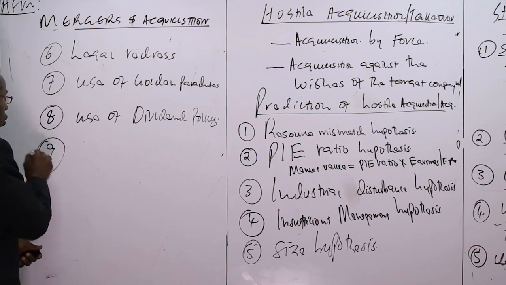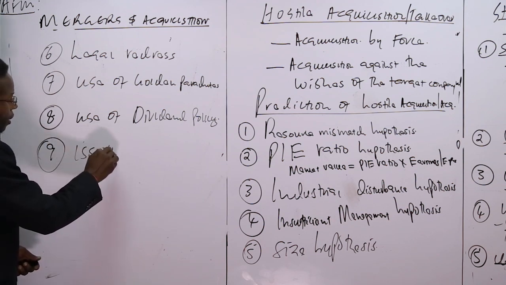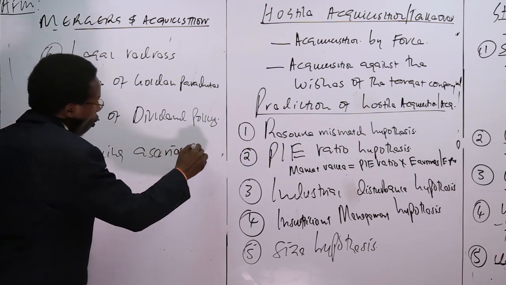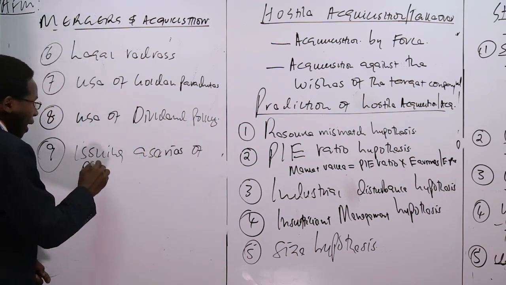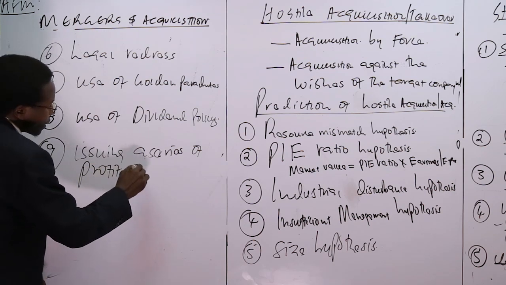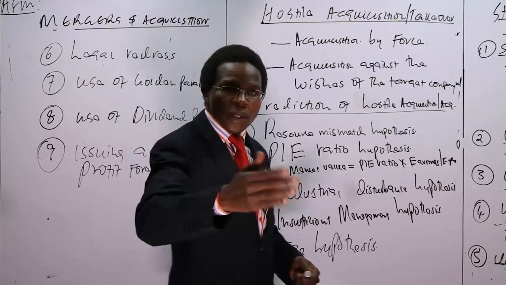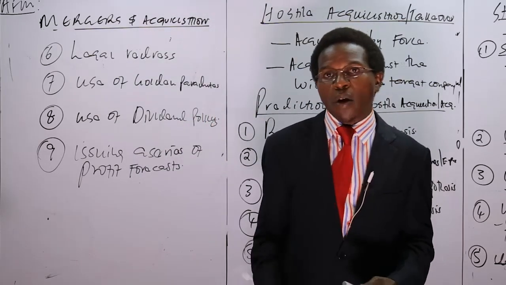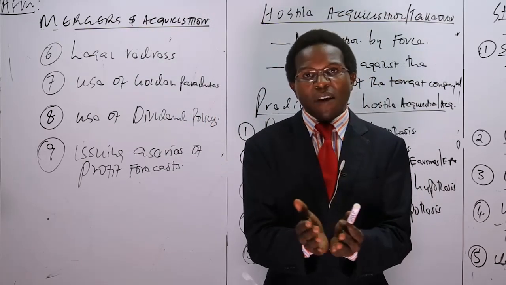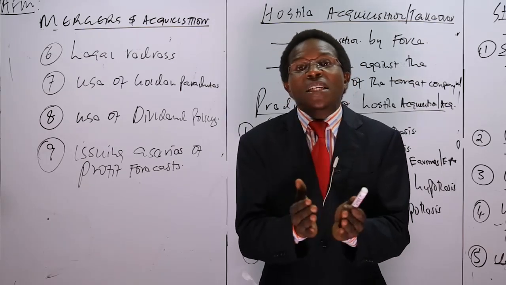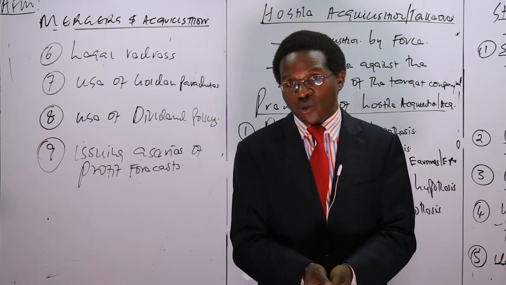Number 9, we also have issuing a series of profit forecasts. If a target company issues a series of profit forecasts, then this will increase the expectation of the public as well.